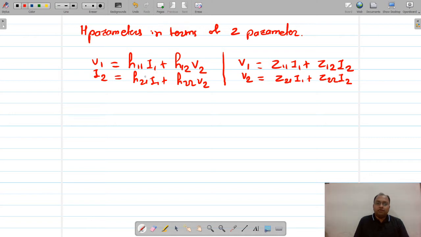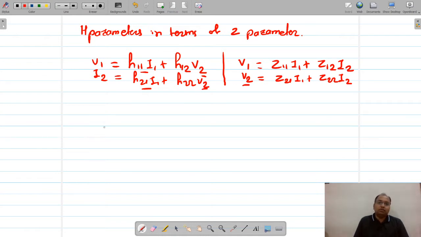Now to find the first two parameters, we set V2 equal to 0. So wherever there is a V2 in the equations of the z parameters, you just put it as 0, and then go for finding the first one, which is nothing but V1 divided by I1.